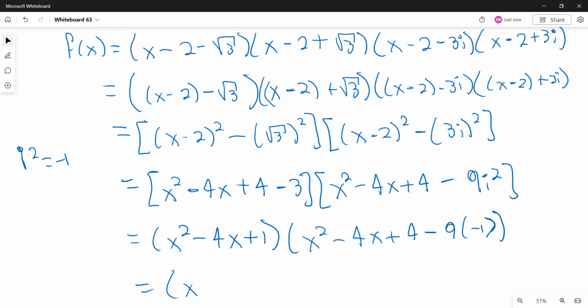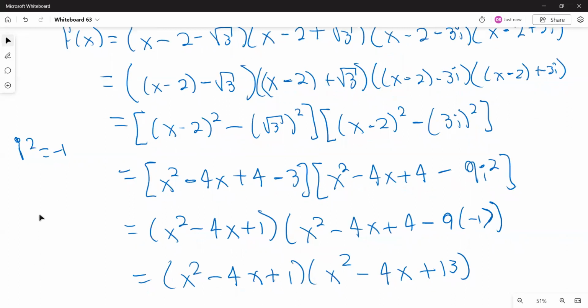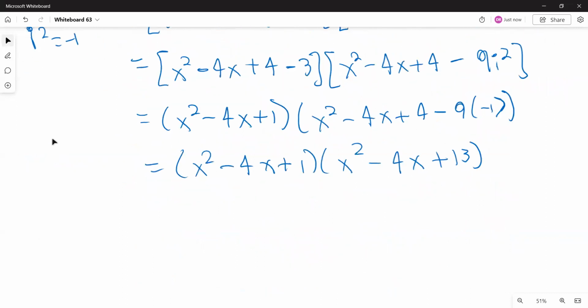And this is x squared minus 4x plus 1 times x squared minus 4x plus 9 plus 4 is 13. Okay.